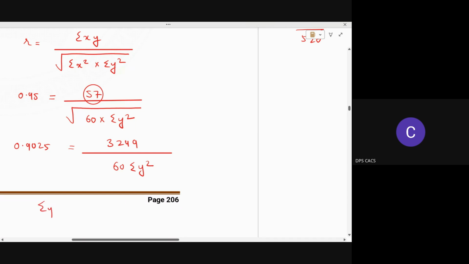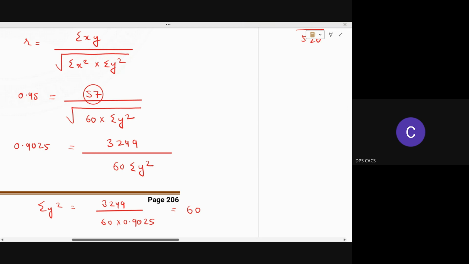Summation y square is equal to 3249 divided by 60 into 0.9025. Final answer is 60. Summation y square is 60.